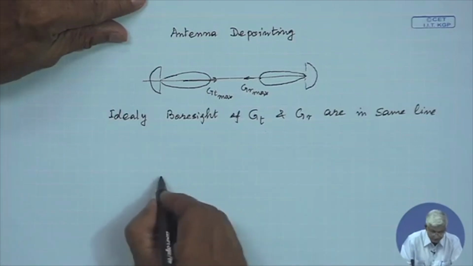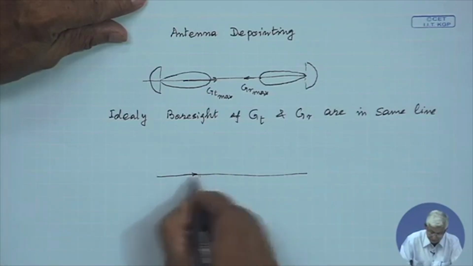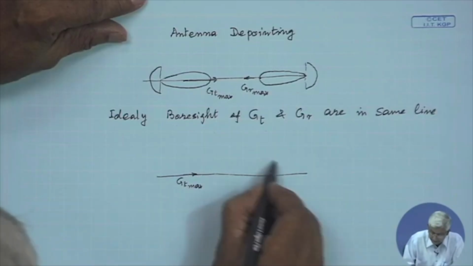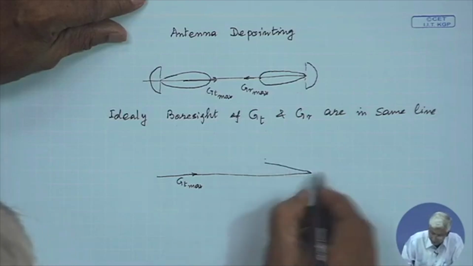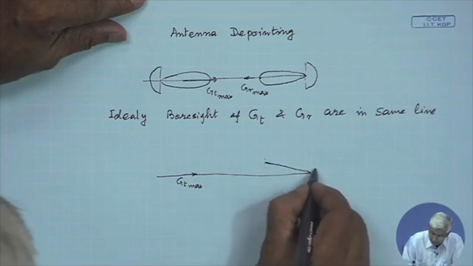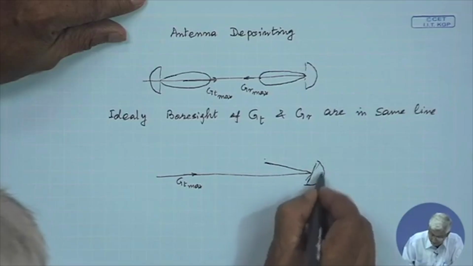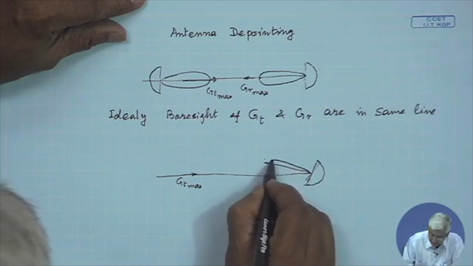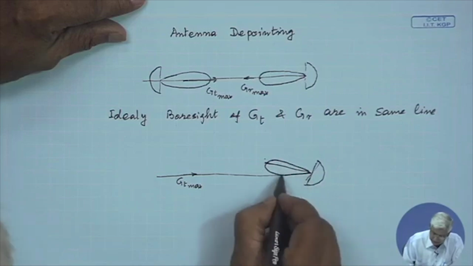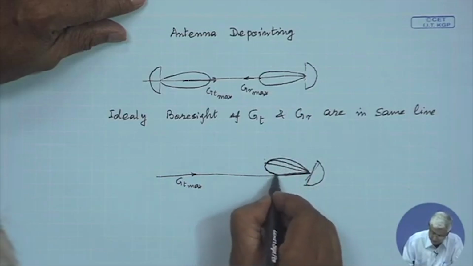This is the ideal condition, but for practical purposes many times it may not be on the same line. So, let us look at how it will look. Let us say this is the line on which the GT max is coming, and your receive antenna is mispointed or depointed. This is the parabola, this is the aperture, and its beam is like this.